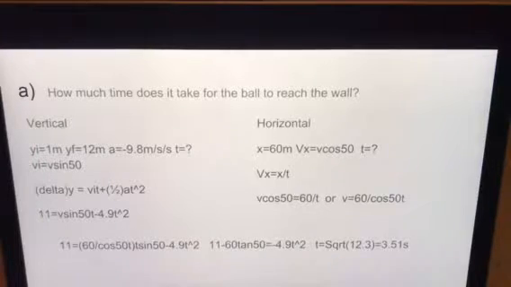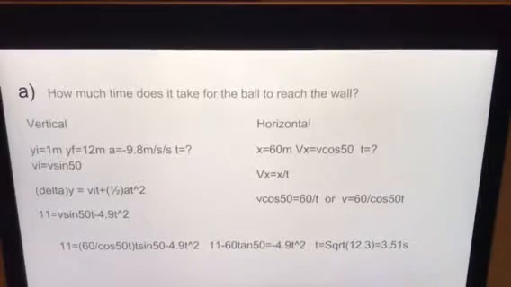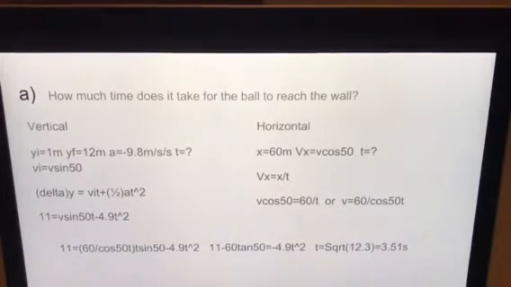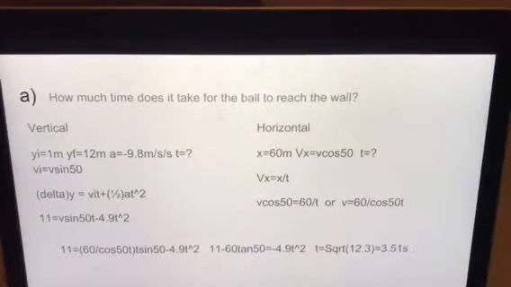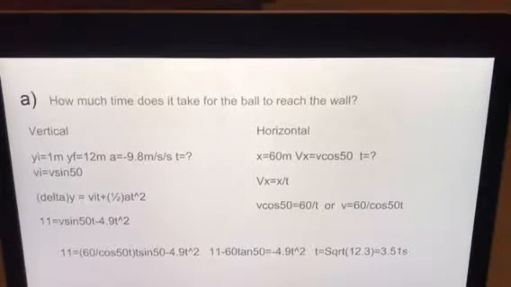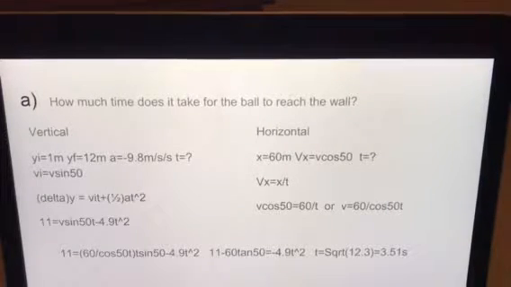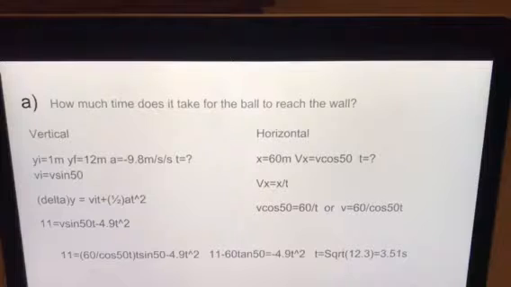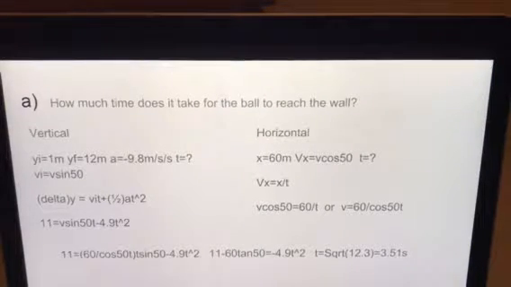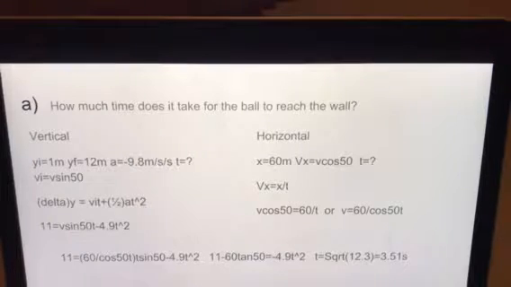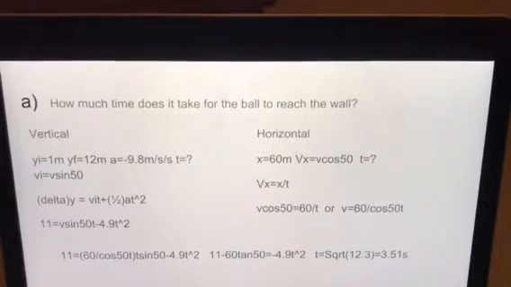The velocity of the ball is change in x over time, change in position over time, and so v cosine 50 is equal to 60 over time, or you could rearrange that to mean the velocity is equal to 60 over cosine of 50 times time.